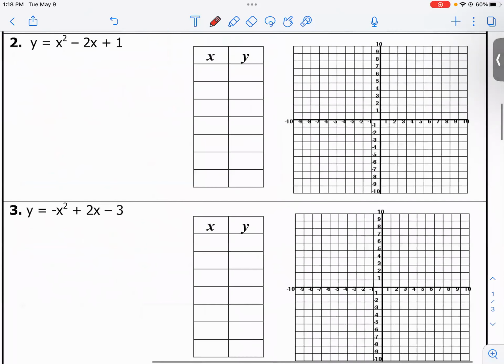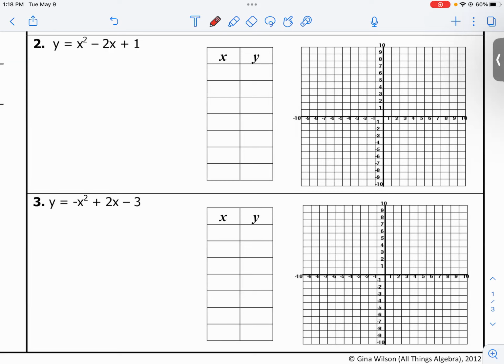So let's talk about number 2. In number 2, it looks like graphs 3 and 4 did -b/2a. So they took -b/2a to get a vertex of 1. And right? Yeah. When they plugged in 1, they got 0.